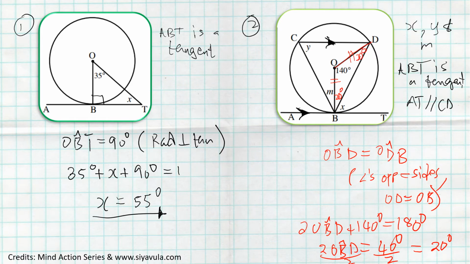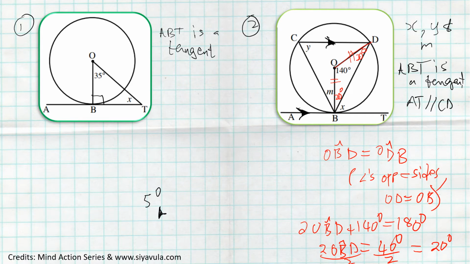We can now go and solve for x, using our theorem: radius is always perpendicular to tangent. So we can say that angle OBT is equal to 90 degrees. Why? Because radius is always perpendicular to tangent, according to theorem number 7.